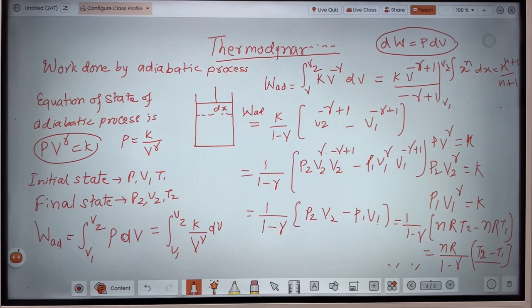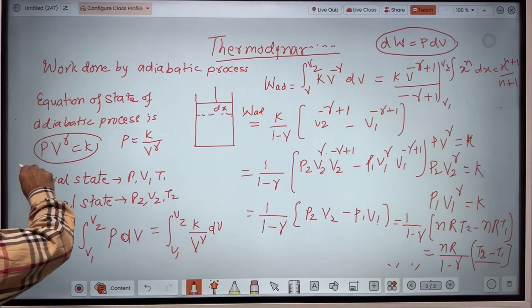It means temperature is decreasing. And if work is done on the gas during adiabatic compression, in that case work done will be negative, and T2 will be greater than T1, which means temperature of the gas rises.